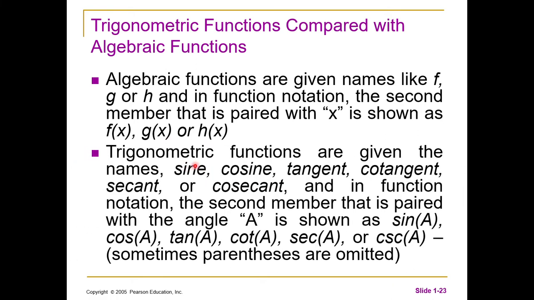The trigonometric functions are given the names sine, cosine, tangent, cotangent, secant, or cosecant. In function notation, the second member that is paired with the angle A is shown as sine A, cosine A, tangent A, cotangent A, secant A, or cosecant A. Sometimes parentheses are omitted.